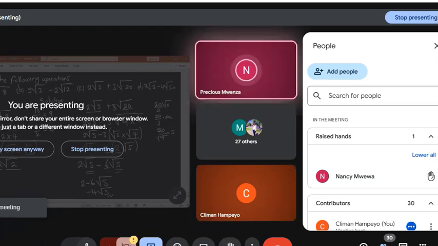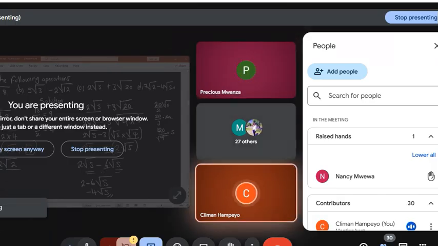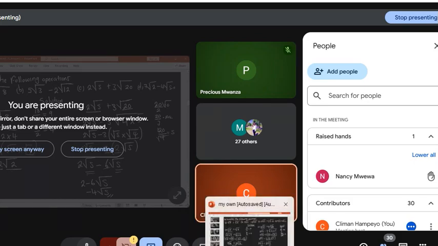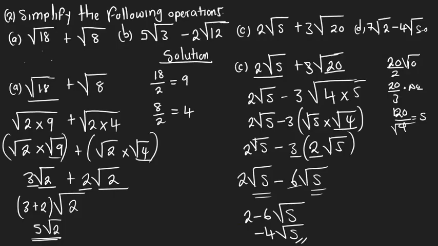I'm behind. Where is that negative coming from? Okay, you are going to understand later. For me, I can't see anything.